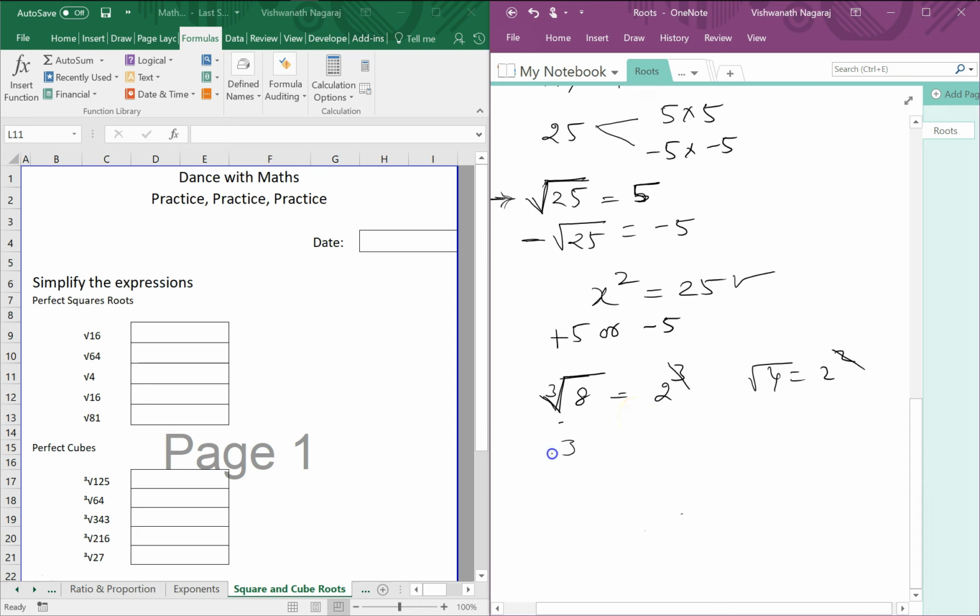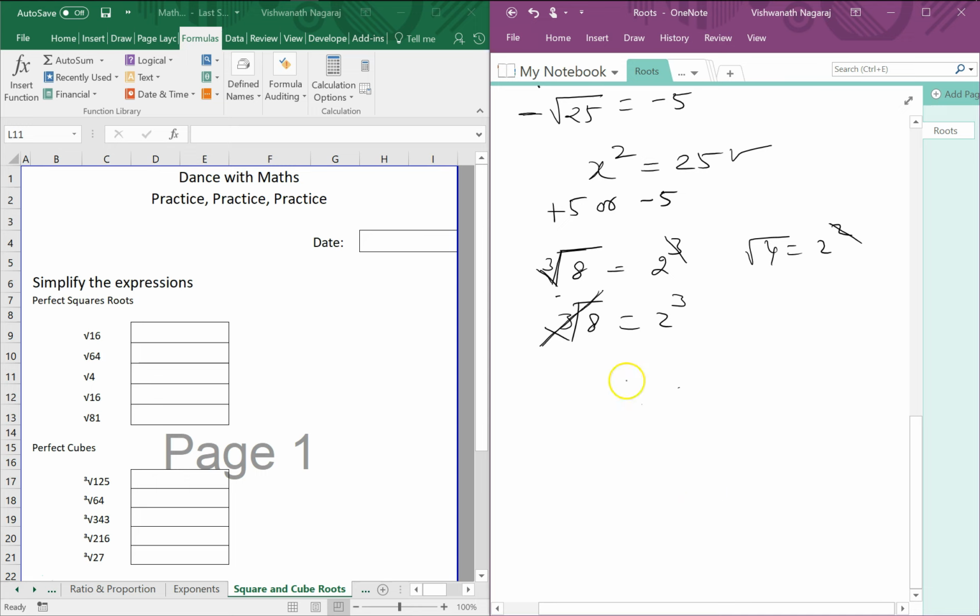Similarly, given 8 is equal to 2 cube, the cube root of 8 is equal to 2. If I remove this cube root, I will have to put a power of 3 here. Okay, let's do some exercises.